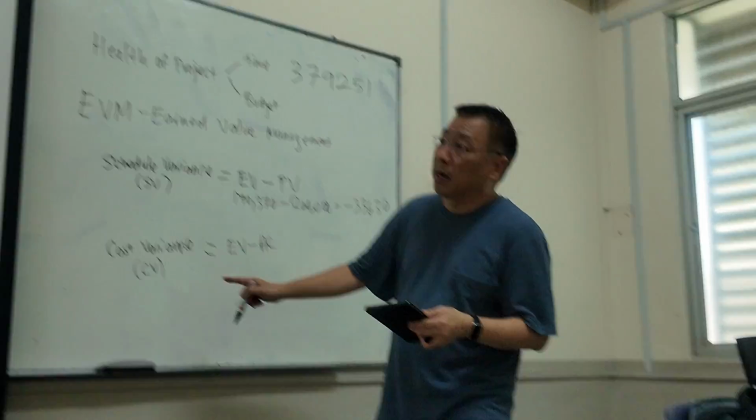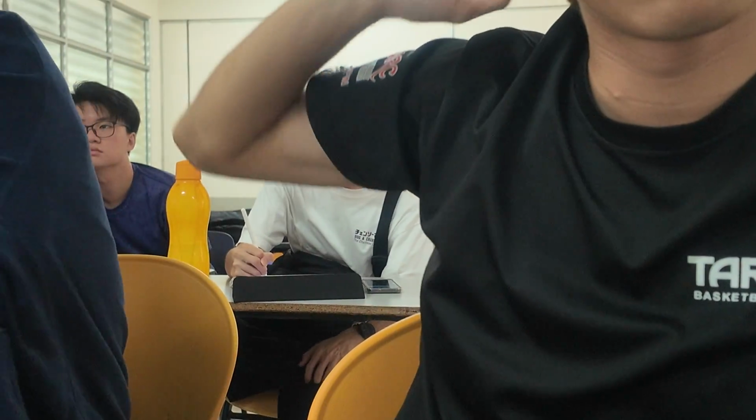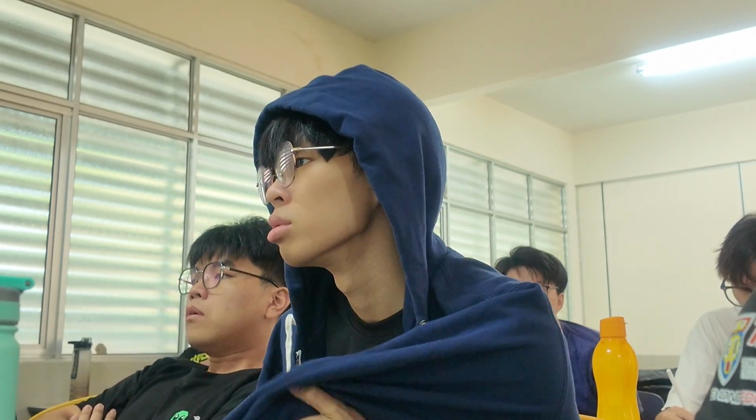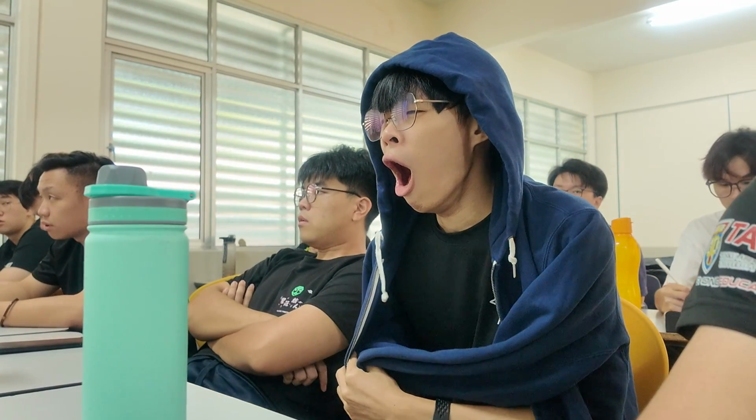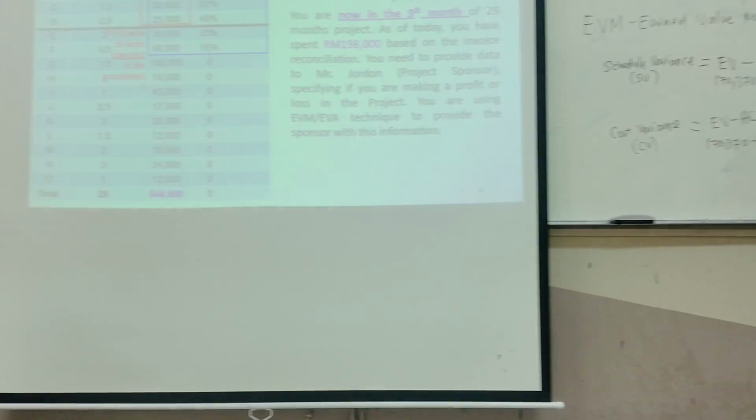33,630. EV minus AC is 170,370 minus your actual cost, right? 198,000. What's the number here? It's also a negative. 27,630. So, because both these numbers are negative, it's not good news.